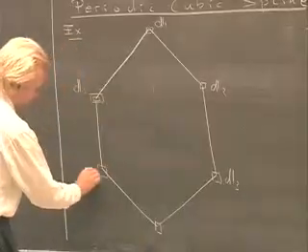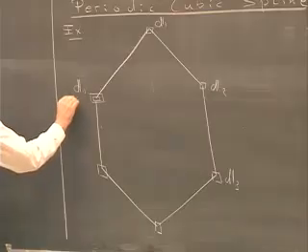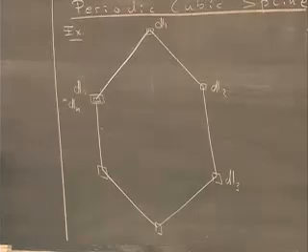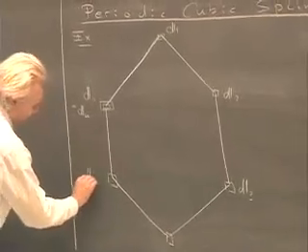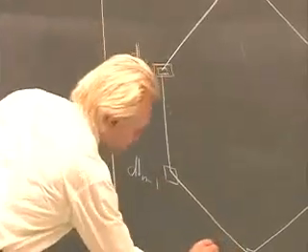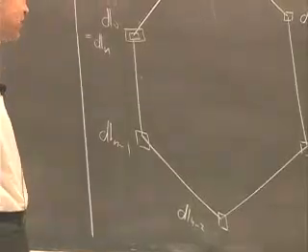And a few more. And this is now the periodic condition: this first control point, D0, is the same as Dn. So this one is Dn minus 1, and this is Dn minus 2, and so forth.